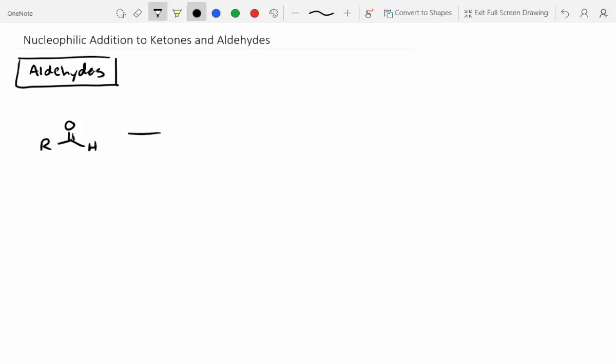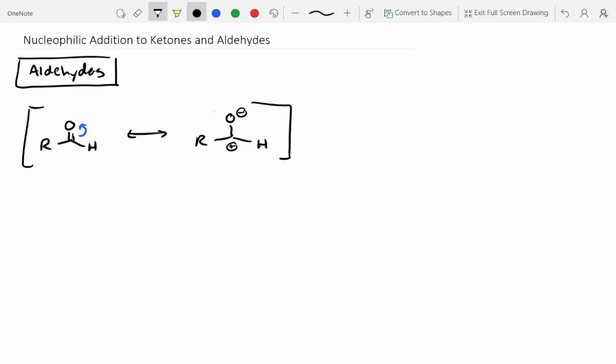If we think about aldehydes, we've got a resonance structure where we can pull electron density up. And this gives this oxygen a formal negative, and this carbon a formal positive. We know the hybrid structure has a partial negative on the oxygen and a partial positive on the carbon.